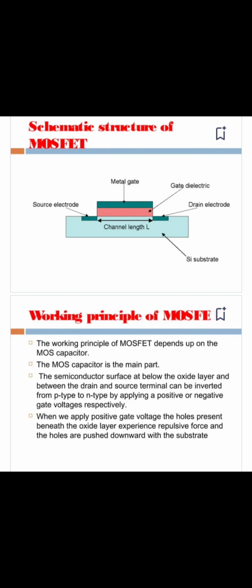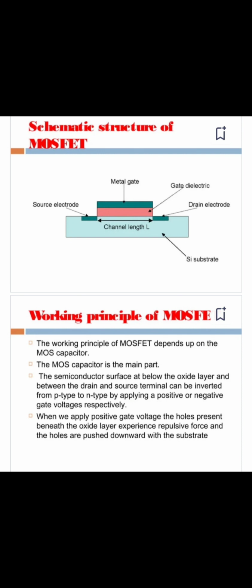So here is the schematic structure for MOSFET. You can see the metal gate in the dark green color, the source and the drain electrodes also in the dark green color. There is a channel width, and the light green color substrate, which you can take as either P-type or N-type. And there is another thing which is different from the junction field effect transistor, the pinkish region, which is called the gate dielectric.